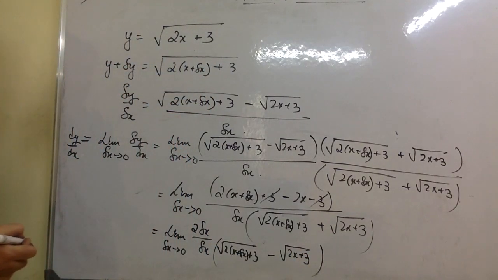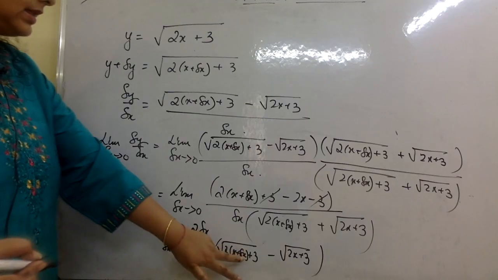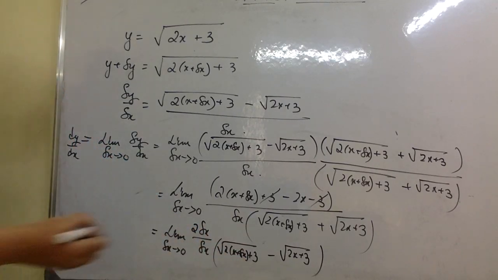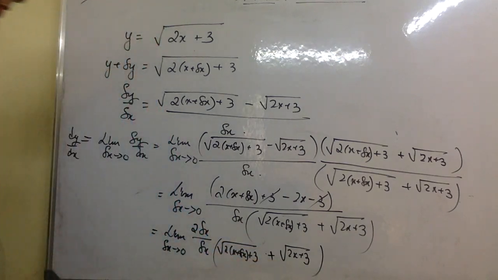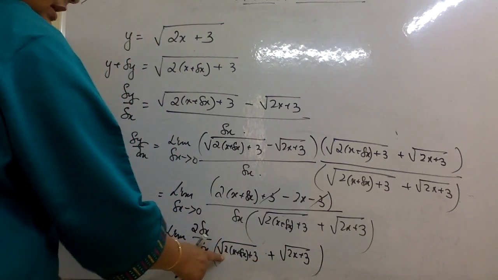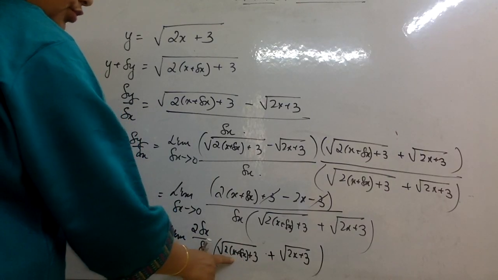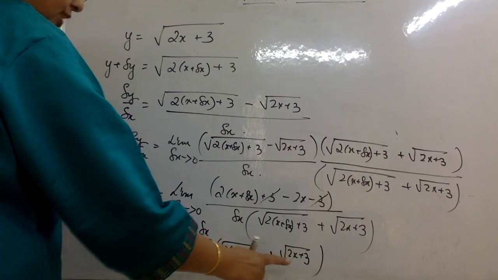So here we'll apply the del x, and this is going to become 0. So here we get, this becomes 0, root 2x plus 3 and another root 2x plus 3.